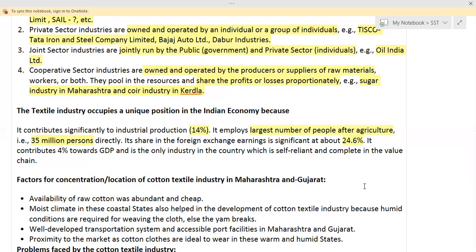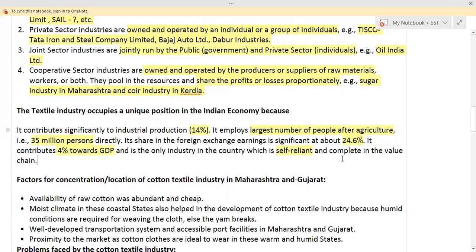It contributes 4% of total GDP. So textiles play a major role. If it is asked in exam, you must write all the points which I have highlighted. And it is the only industry in the country which is self-reliant and complete in the value chain.